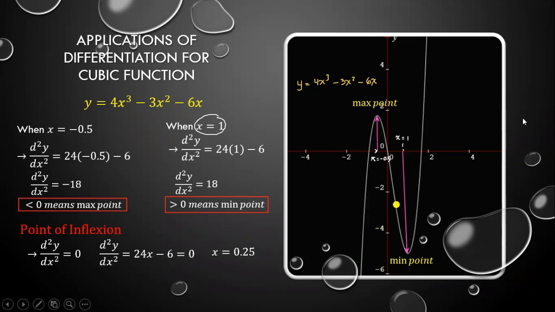So this is the position of x equals 0.25, right? Look at the yellow dot. When x equals 0.25, we found here is the point of inflection.